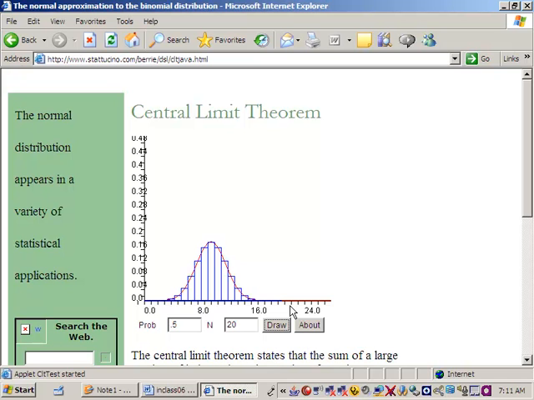But in any case, we have these little bars to create widths around each of the numbers, and these boxes approximate the normal distribution, which is drawn on top.